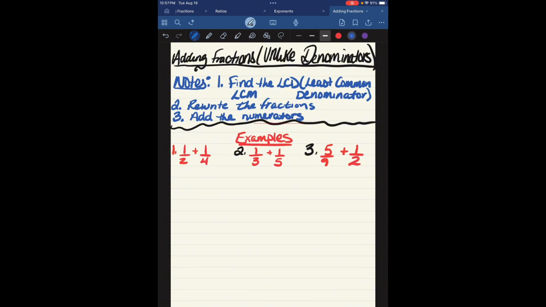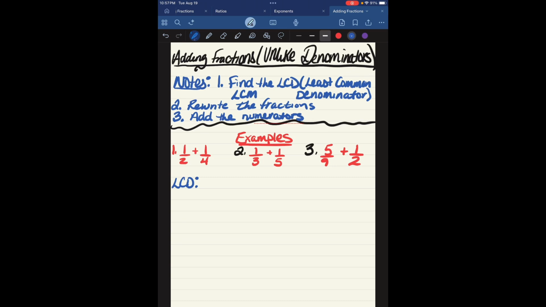All right, so now we're going to get right down to the examples. So number one, we got 1/2 plus 1/4. So first, we're trying to find the LCD between 2 and 4, because the 2 and the 4 are our denominators, but they're not the same.